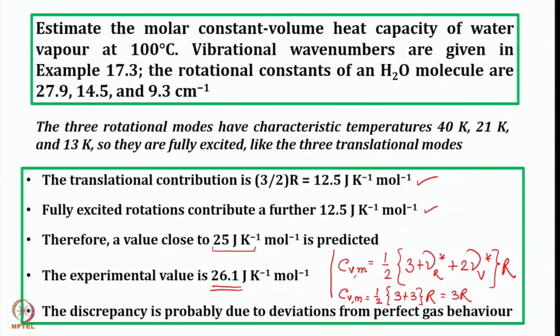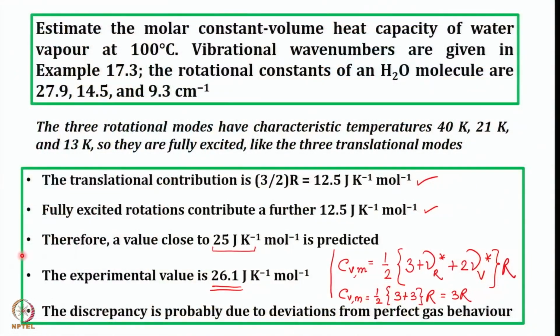So, what is important here? It is important to know what value we should put for nu R star and what value we should put for nu V star. And for that, we need to know the characteristic rotational temperature and characteristic vibrational temperature, so that we can decide whether to put nu R star equal to 3 or 0 or 2 or 0 and nu V star equal to 1 or 0.